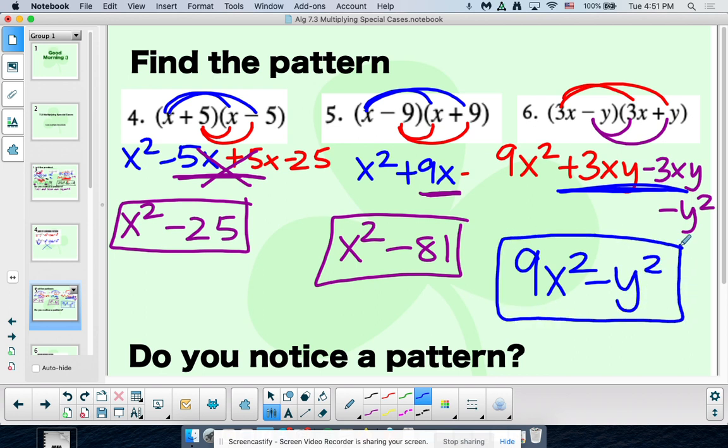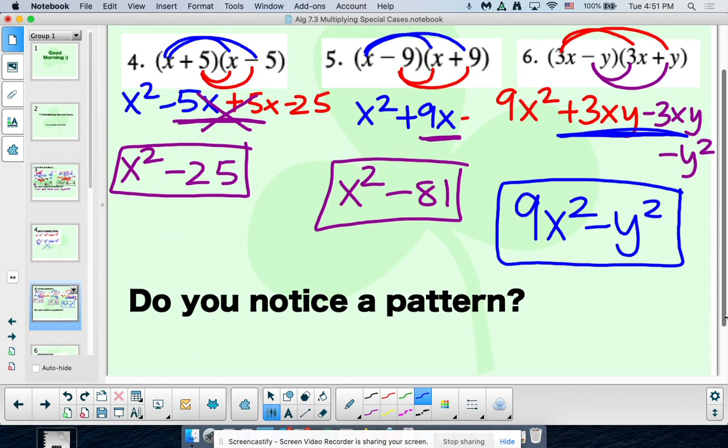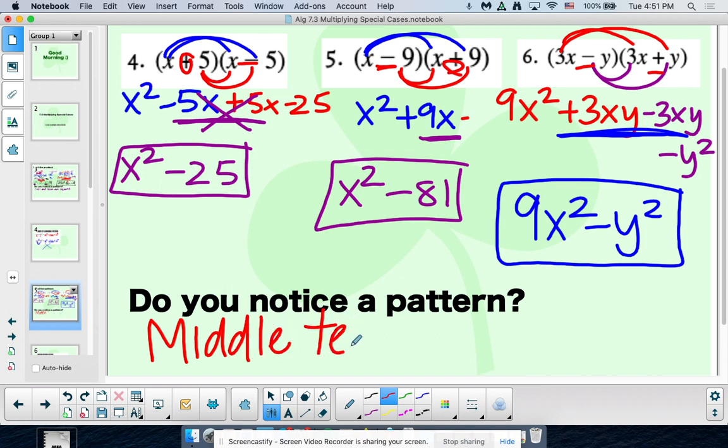So what patterns do we notice, folks? Well, when you have basically the same binomial, but with different signs, right? So we have a plus sign and then a minus sign, a minus and a plus. Our middle terms cancel.